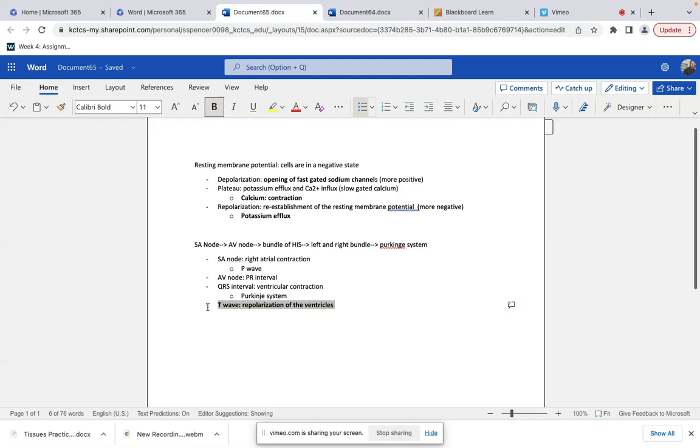But the QRS is where ventricular contraction occurs. And we know that the Purkinje system is going to be present within the ventricles, causing that increased speed of conduction and allowing the ventricles to properly contract. And once the ventricles have contracted, repolarization is then going to occur. This is going to be represented by the T wave. Cool.